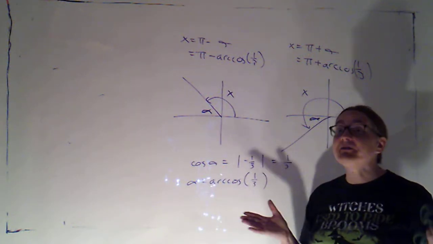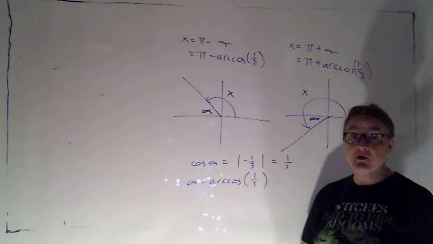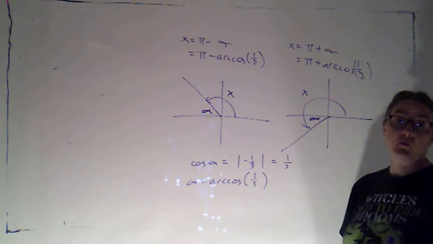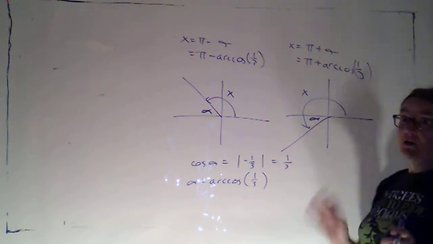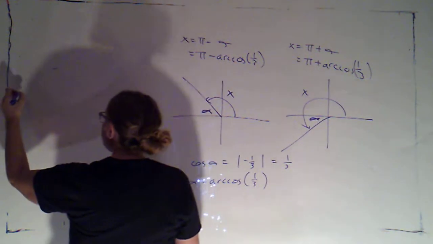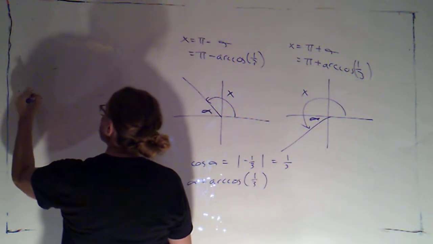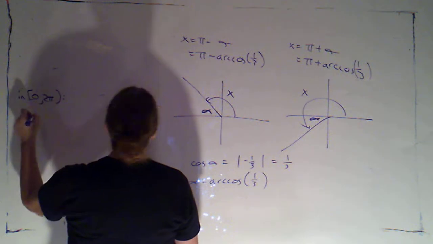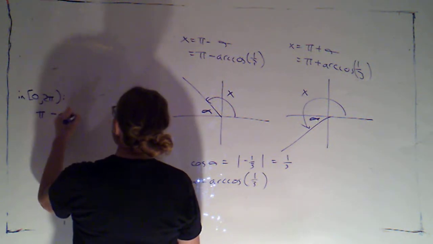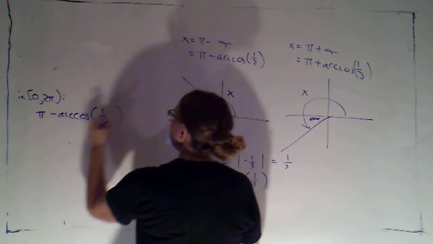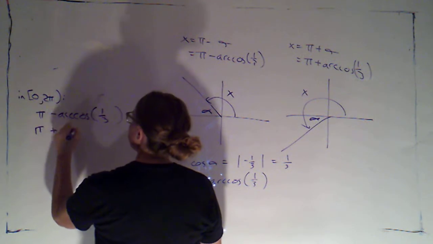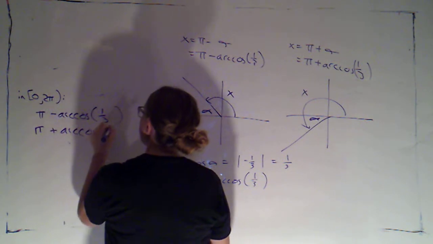Because the reference angle is always an angle that if I drew it in standard position would be in quadrant 1. So I'm always going to do things this way. So my answers in the interval from 0 to 2 pi are pi minus arc cosine of 1/3 and pi plus arc cosine of 1/3.